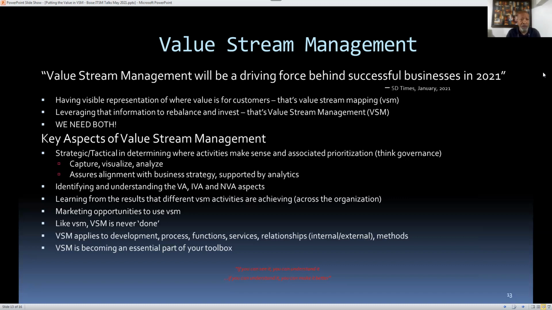The other thing that we want to do. So I've got some letters here. Let me make sure you understand. It says identify an understanding. And when you do that value stream mapping activity, what's the value add part? Meaning this is really going to help my stakeholders be better at what they do, no question about it. What's the indirect value add part?